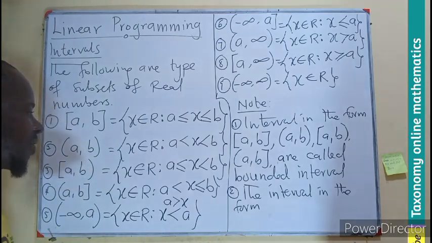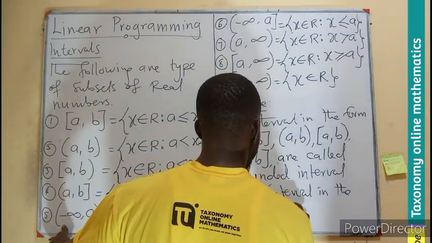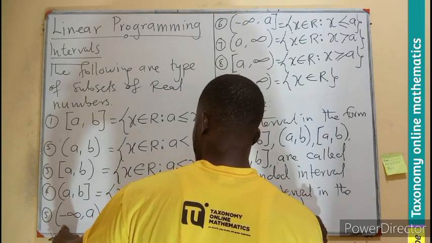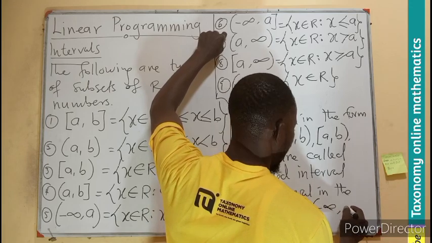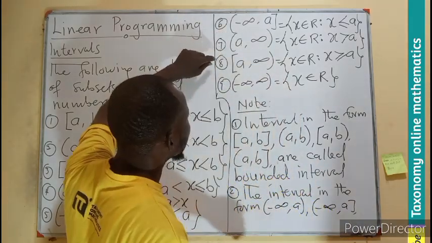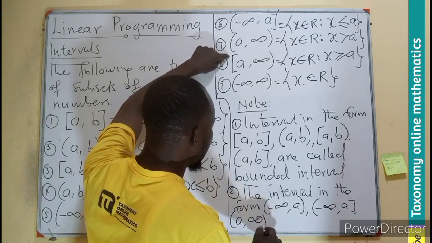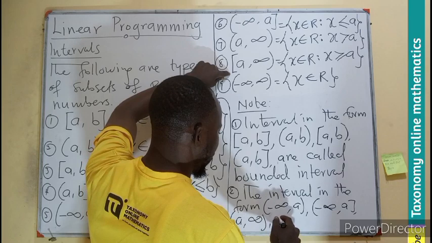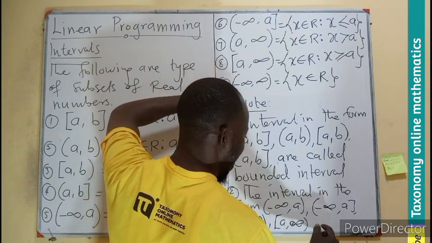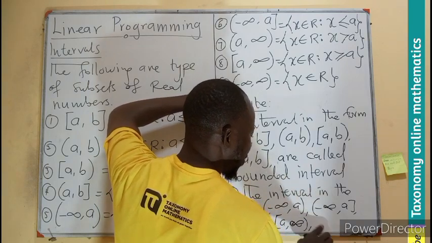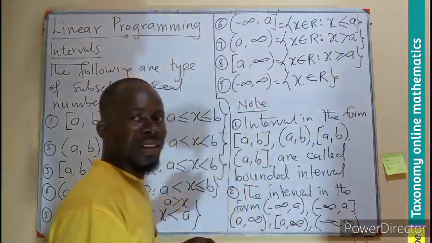Then the rest of the intervals that are in this form, we have (negative infinity, A), (A, infinity), and (negative infinity, infinity).